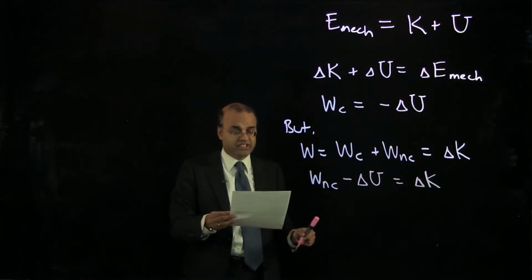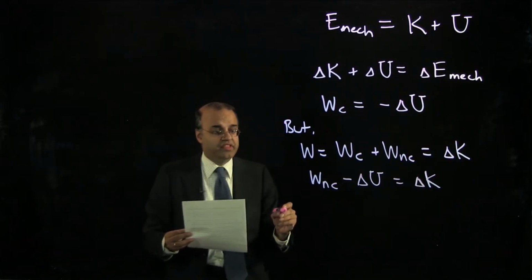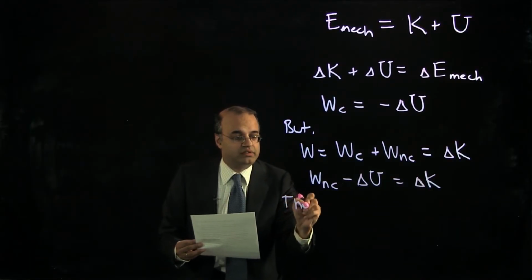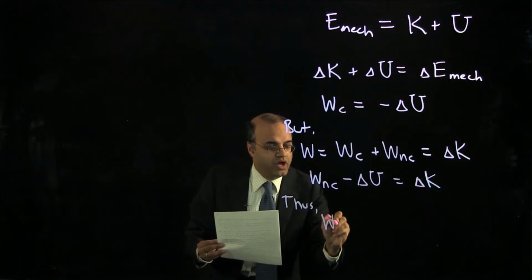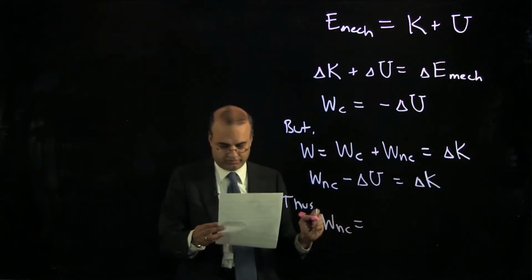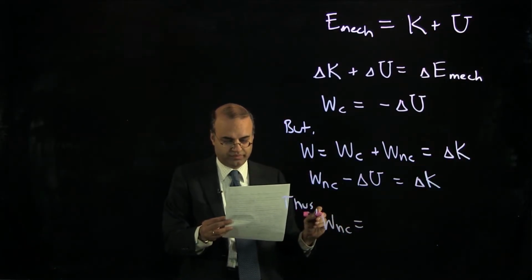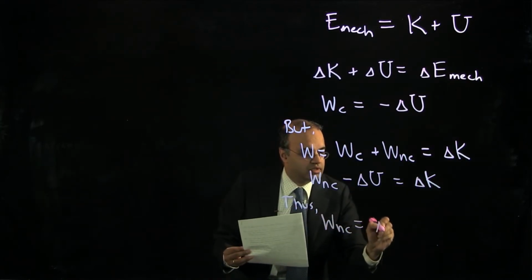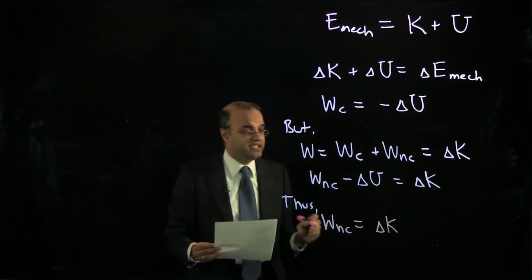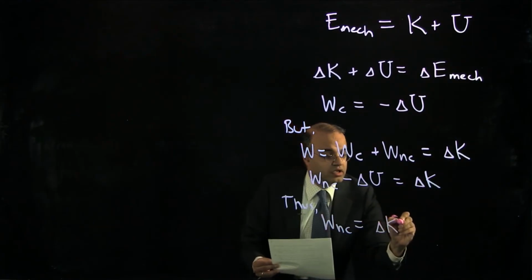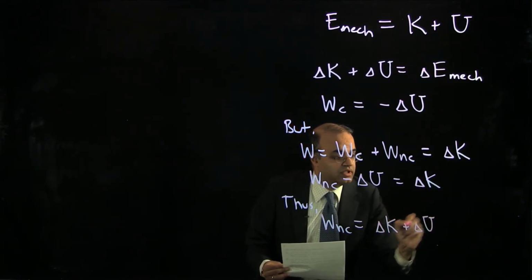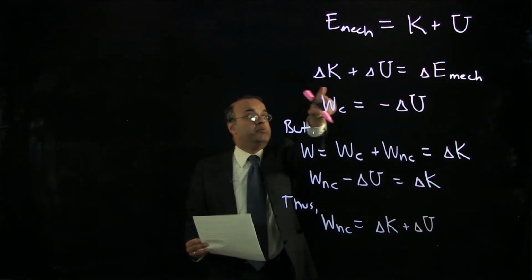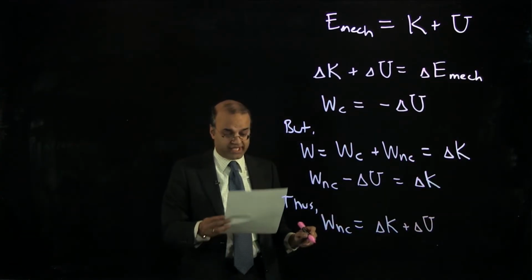Now, by rearranging this equation, this means that the non-conservative work is equal to delta K, the change in kinetic energy, plus delta U, the change in potential energy, but that's equal to the change in the total mechanical energy.